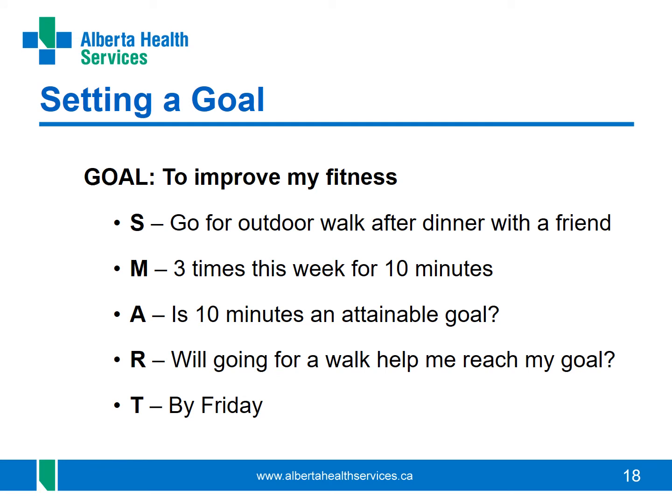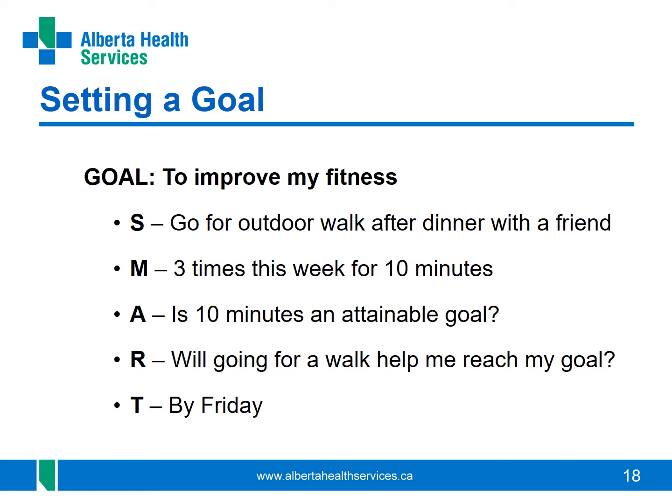So here's an example of setting a goal, and the goal might be to improve my fitness. So to make it specific, we might say I'm going to go for an outdoor walk after dinner with a friend. So it could just say walk, but adding specificity to the actual goal, adding descriptive words, adding a location, a time, helps to make it more achievable because then we can't just brush it aside.